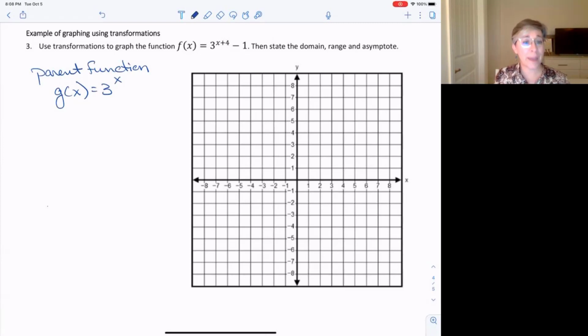So remember, with the parent function, we always have the point (0, 1). We have the point 1 and the base, so that's going to be (1, 3). Now, if we plugged in a 2 in there, that would also give us 3 squared, which is a 9.